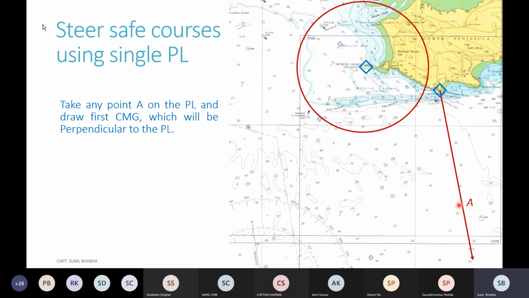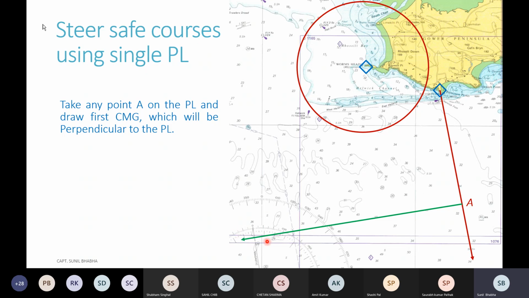Now, how do we draw our first course made good? The first course made good has to be perpendicular to the given position line. So we draw the course made good in such a way that it is perpendicular to the position line which is given to us. So let's plot it on the chart.